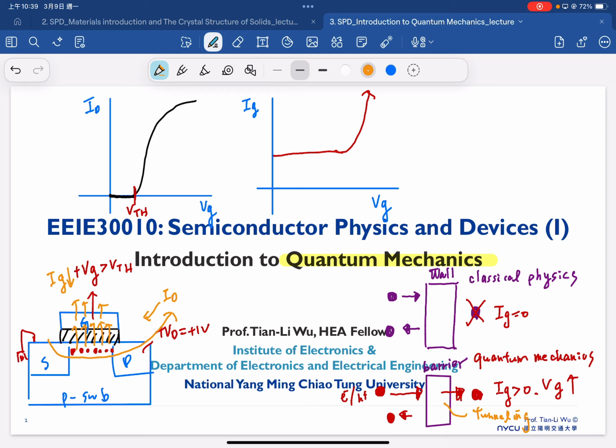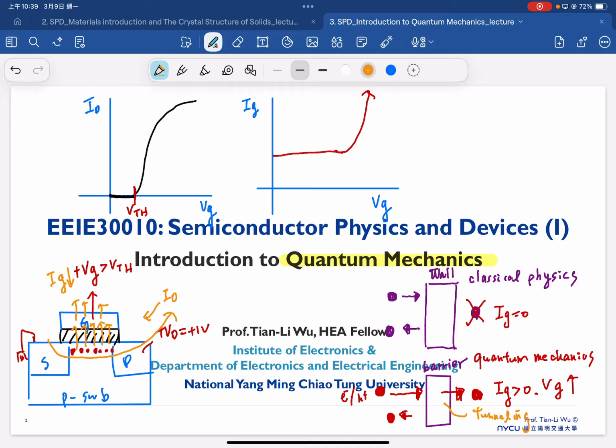And this tunneling phenomenon is getting more and more important if we work on very small scale devices. If we work on a 3 nanometer dielectric, 2 nanometer dielectric, 1 nanometer dielectric, we will see the gate current is increasingly high. And that's because of these tunneling effects.